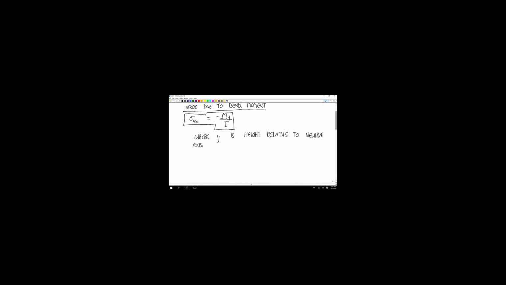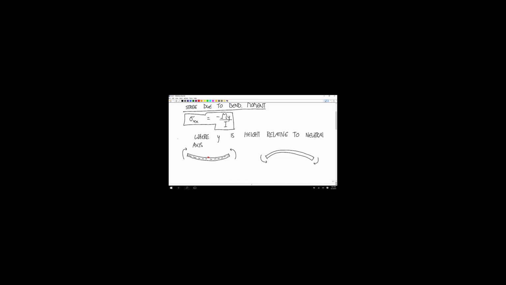Okay, so let's think about how this sign works first of all. Let's think about it in the case of a positive bending moment and a negative bending moment. Let's think in both cases, well, the neutral axis is the middle. So the neutral axis is somewhere there.